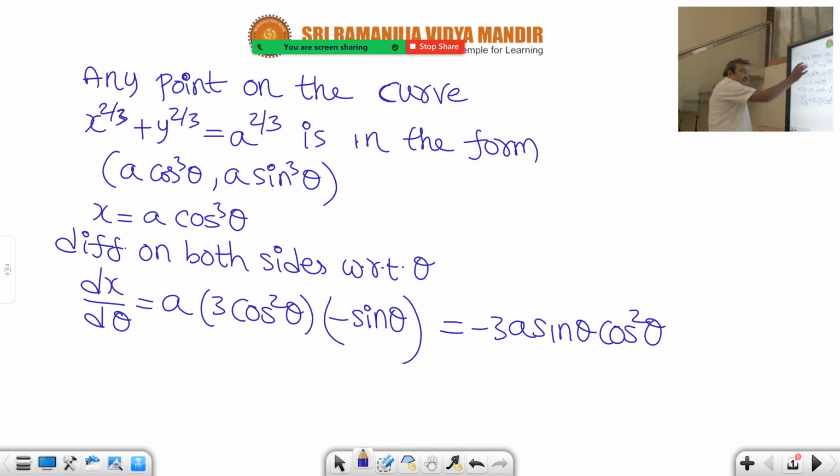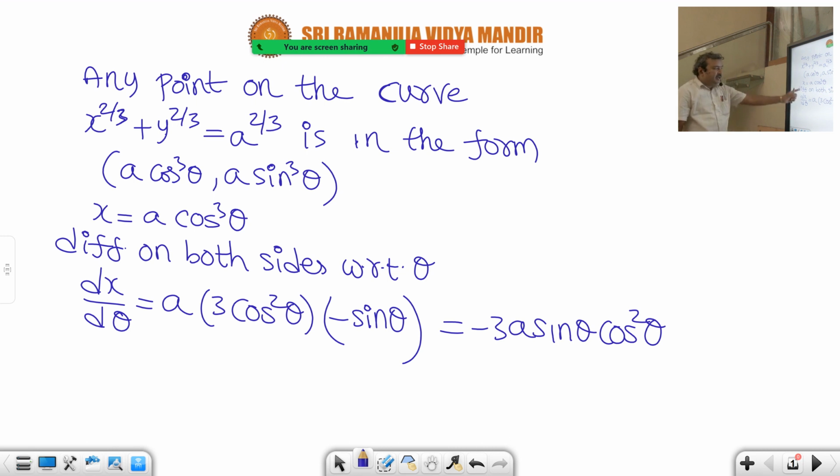Definitely. See, this is the curve equation. On that curve, you have to take a point which satisfies the curve. So this point satisfies this curve. Simply, if you substitute a cos cube theta in this and a sin cube theta in this, then it will satisfy as a power 2 by 3. So any point on the curve is in the form like this. Now it is the x coordinate and it is the y coordinate.